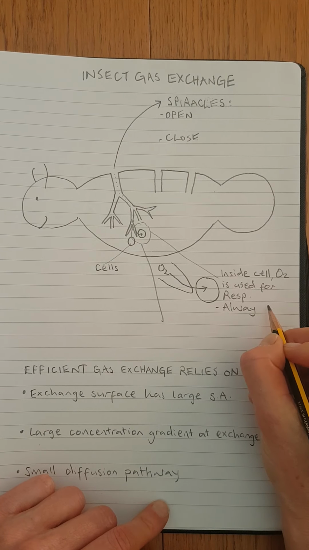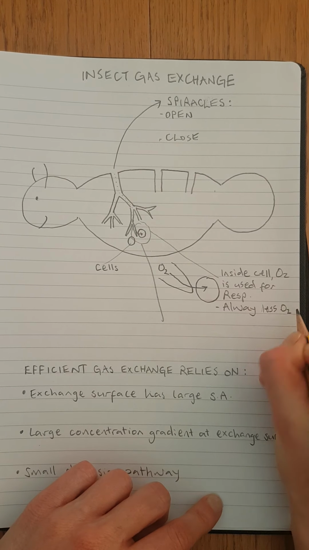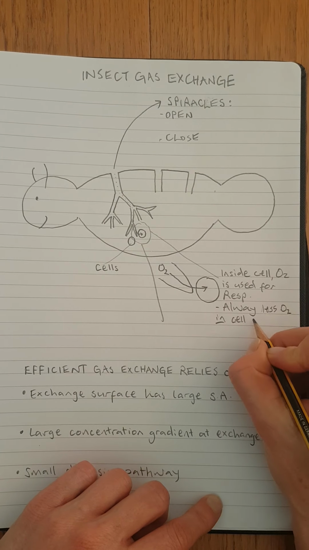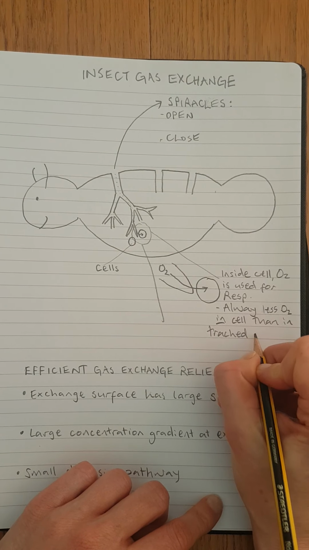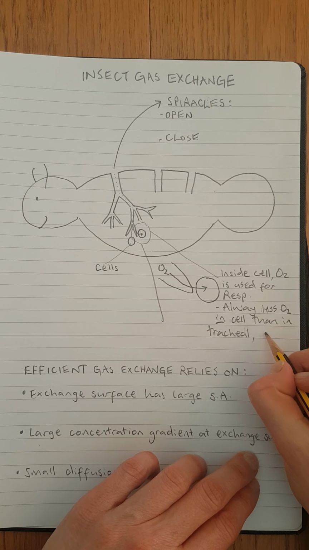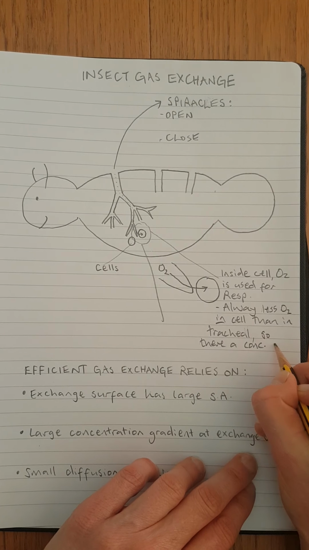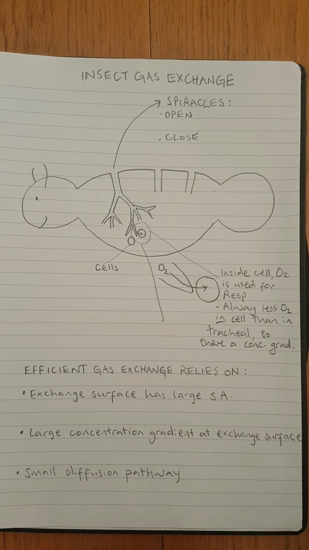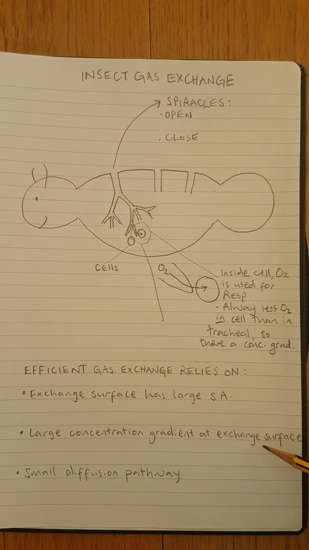Always less oxygen in cell than in tracheole. So there is a concentration gradient. Okay, so we can actually look down at our list down here. That's number 2, a large concentration gradient is achieved at the exchange surface.